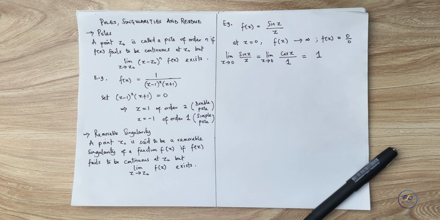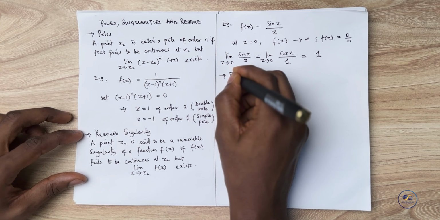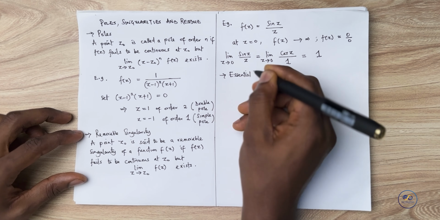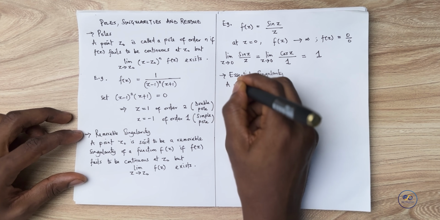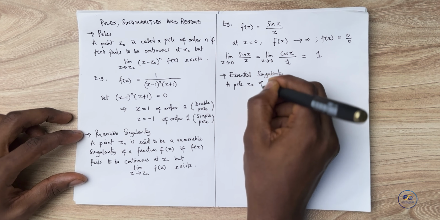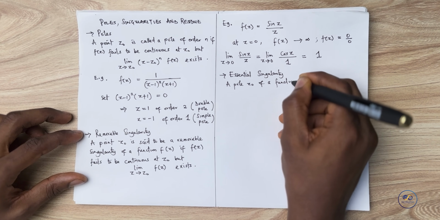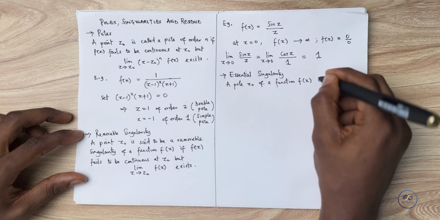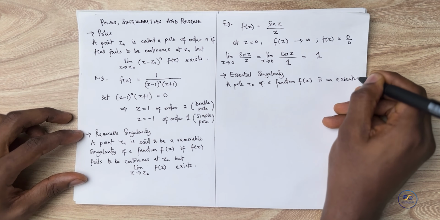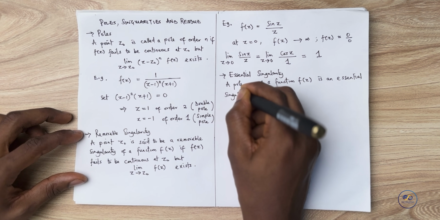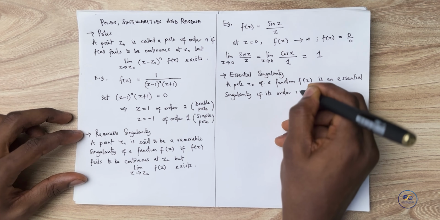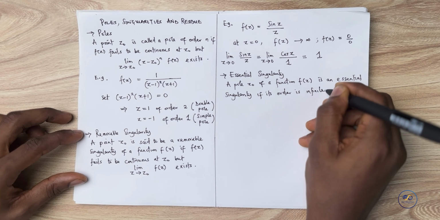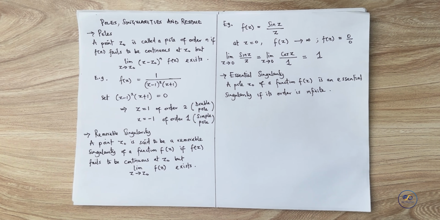But more importantly, we can look at one very, very interesting kind of singularity, which is the essential singularity. There we go. So we have ourselves an essential singularity.